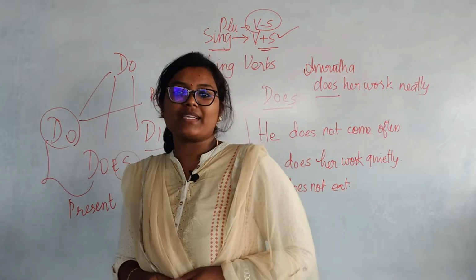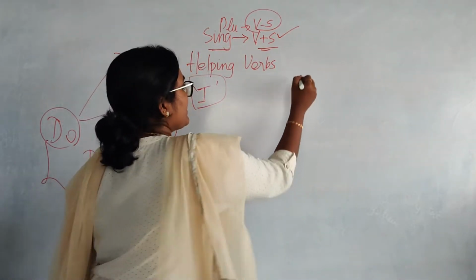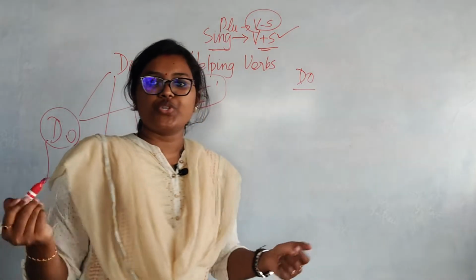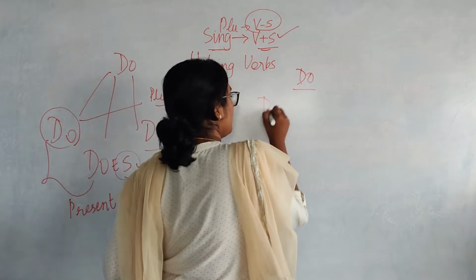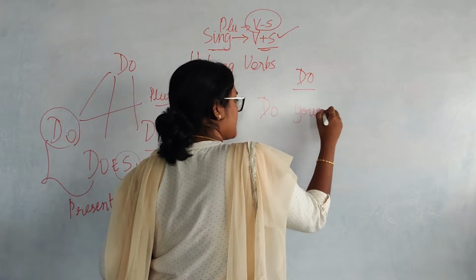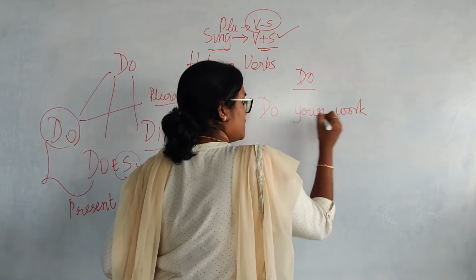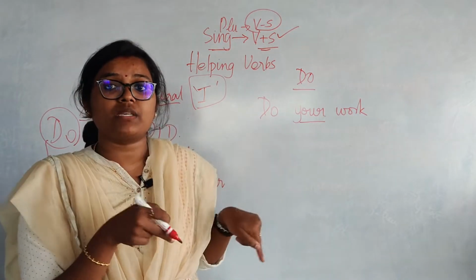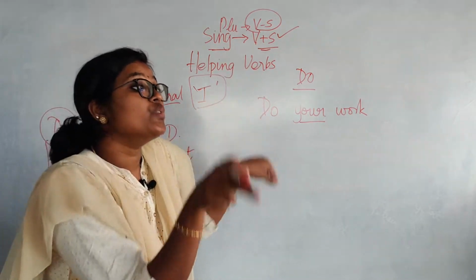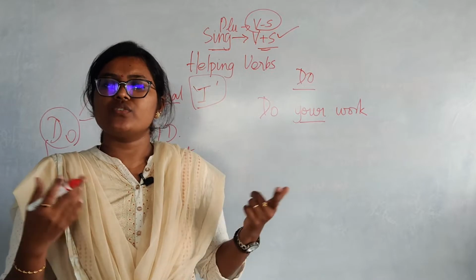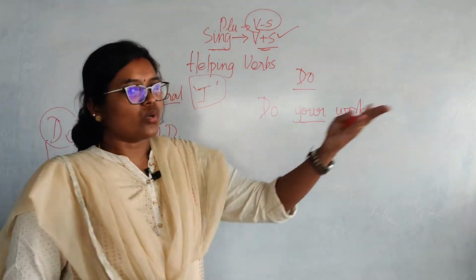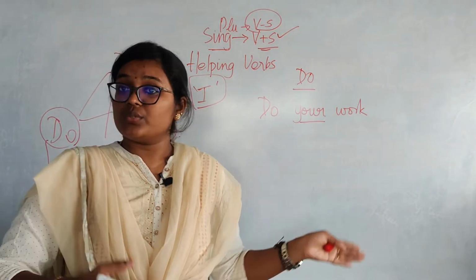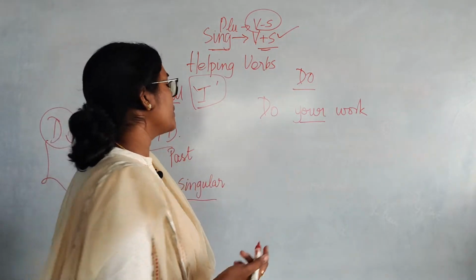Now let's look at some examples for do. Do your work. You is actually considered to be plural, whether I say it to one person or to many people. You do the work. So with you and your, we use do.